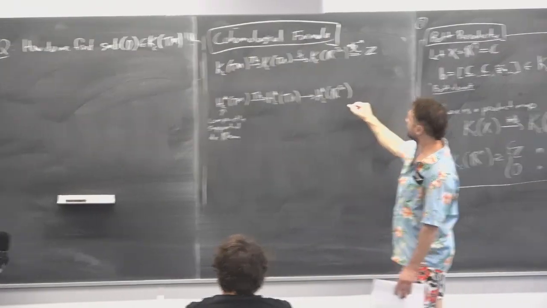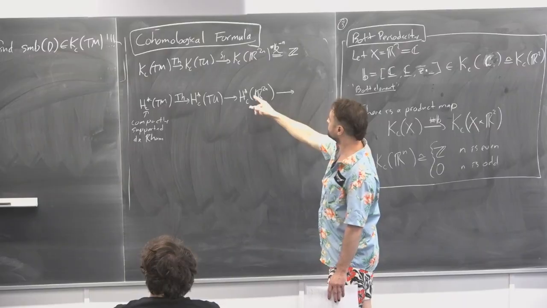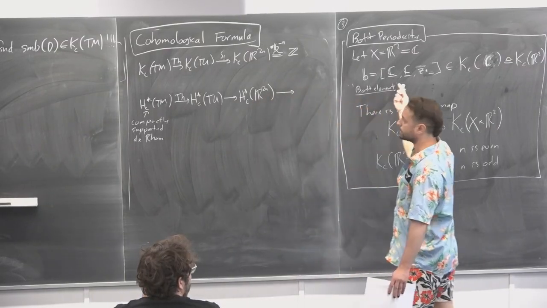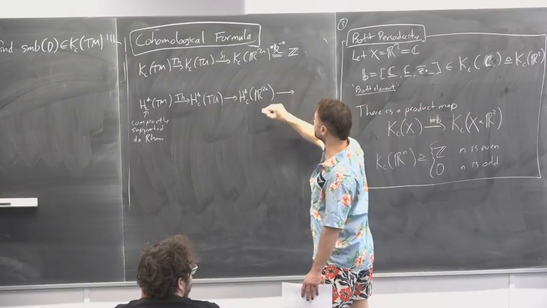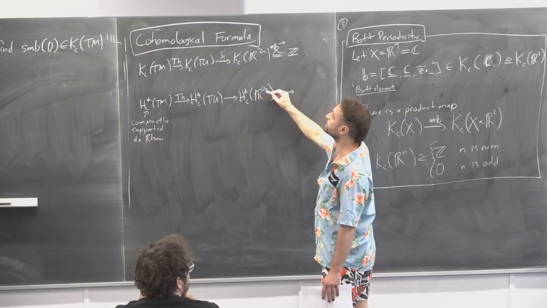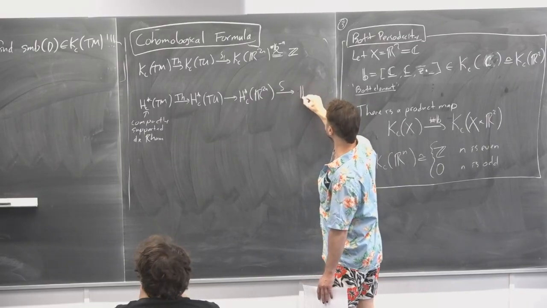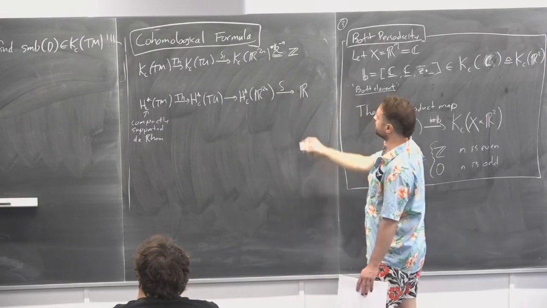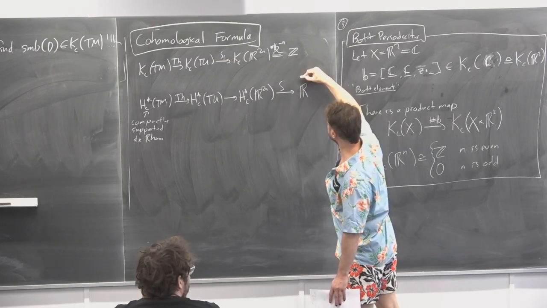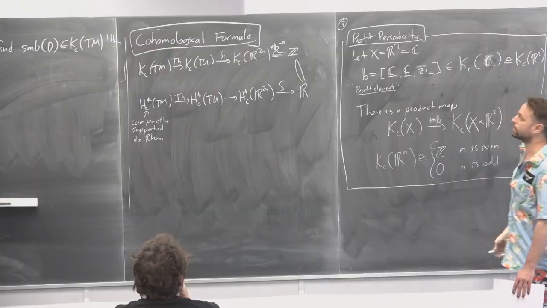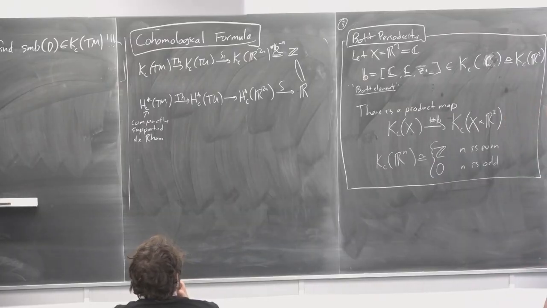And then what we can do is, given a compactly supported form on R^2n, we can integrate it and get a real number. Okay, and this Z sits inside this R. We'd like to be able to relate these two sequences together.